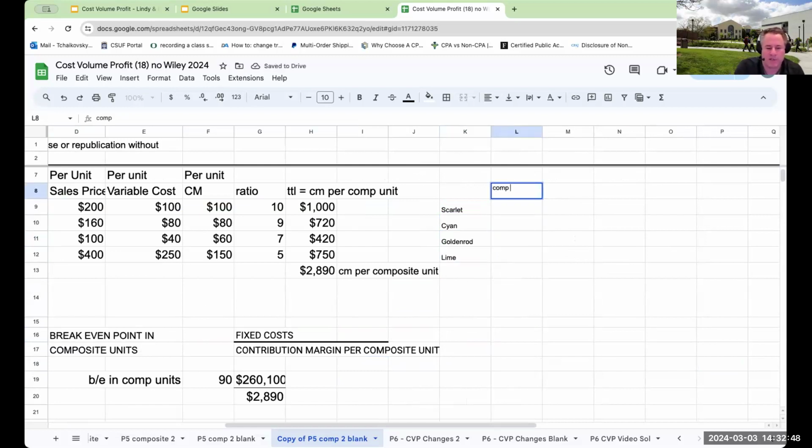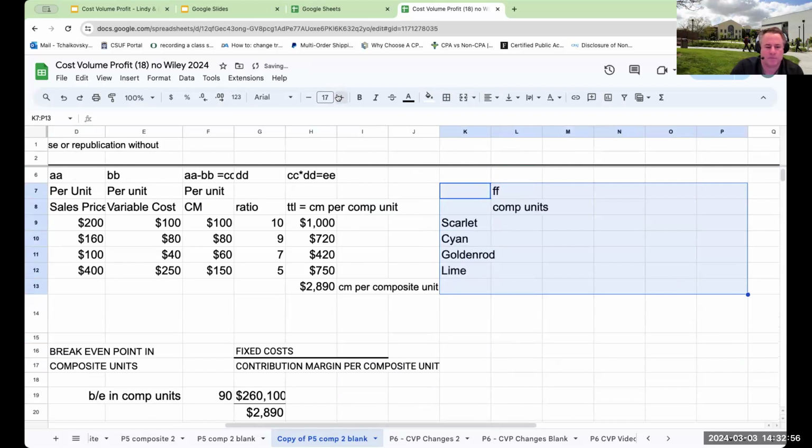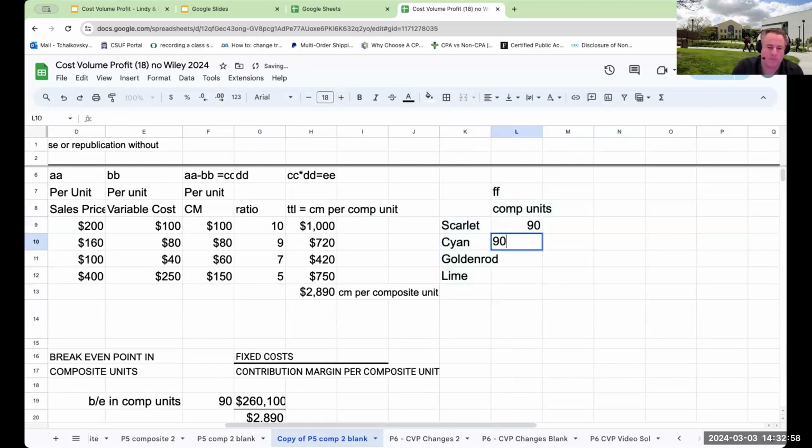My composite units is going to be 90. We'll call this my break-even point in composite units.